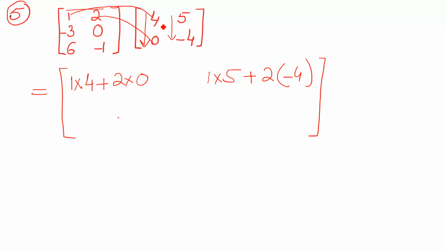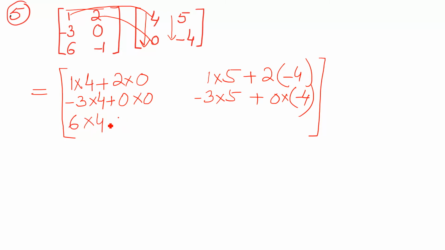Same thing, right? This with this. Now move on to the second row. 3 multiplied by 4 plus 0 multiplied by 0. Negative 3 multiplied by 5 plus 0 multiplied by negative 4. Third one, 6 multiplied by 4 plus negative 1 multiplied by 0. 6 multiplied by 5 plus negative 1 multiplied by negative 4.